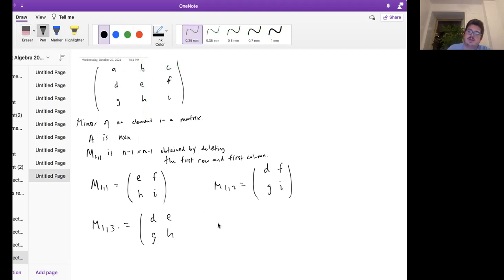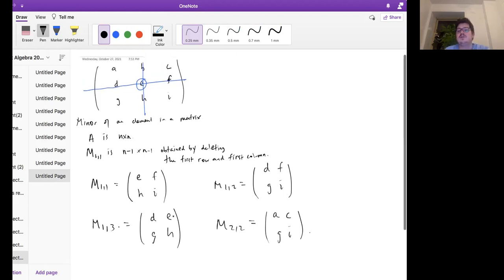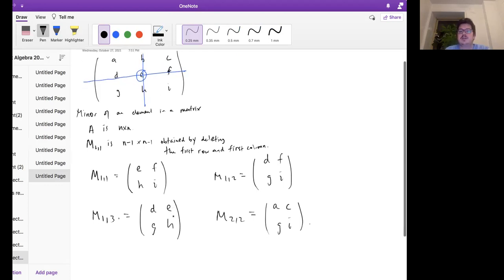So what would M22 be? So I look at 2, 2 and I delete all entries in that row and in that column. A, C, G, I, correct. Okay, so we're going to define the determinant of the 3 by 3 using the determinant of these minors.